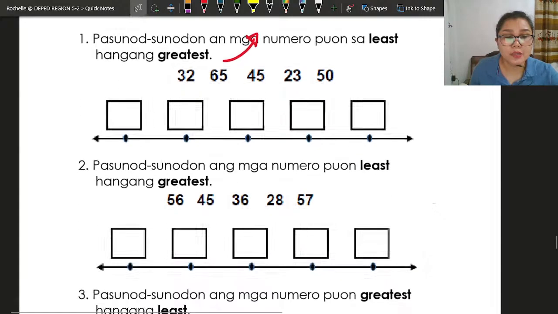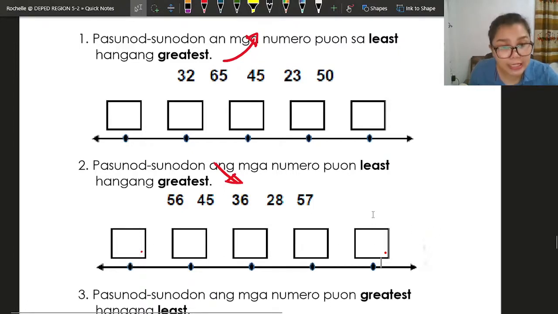And then next, number 2, pagsunod-sunod ang mga numero po sa least hanggang greatest. So, this is the opposite. It's going down, decreasing. Ano ba ang una? Pinakamataas, and then going down, pinaka-konti. So, we have the choices 56, 45, 36, 28, 57. Pause para maisulat ng tama ang mga numbers.